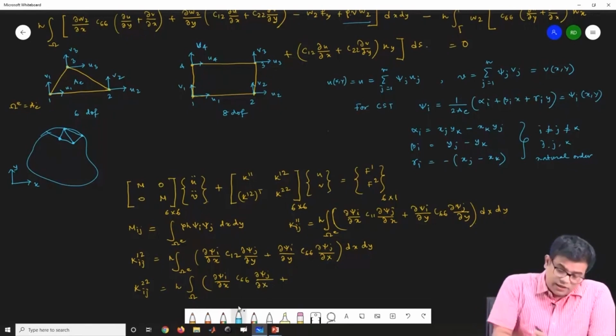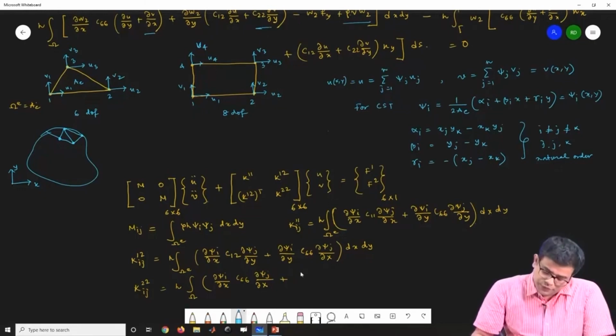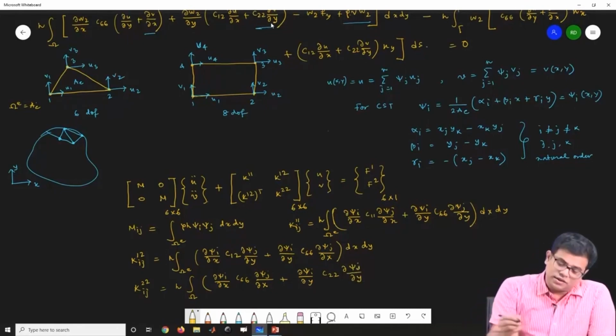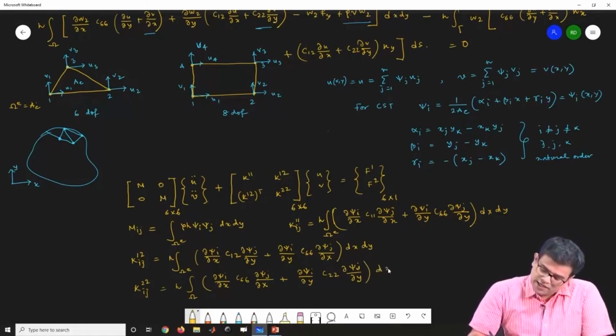So, this term and this term will be there, right? Because the other two terms will go to the k12 transpose. Now this multiplied by del psi I by del y into C22 del psi j by del y, this term. Now this multiplied by dx dy. So you know these quantities.